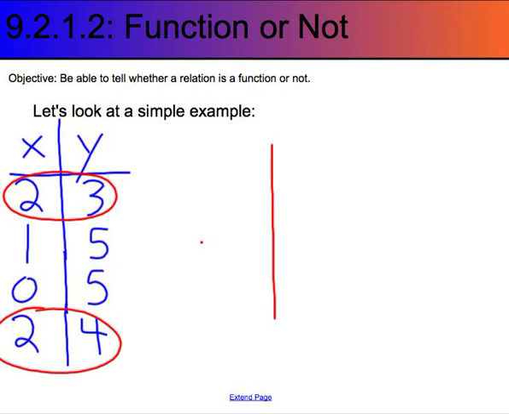Let me show you a graphical example. Here's a relation, a group of points that I connected the dots there, and of course that looks like a parabola. That is a function.